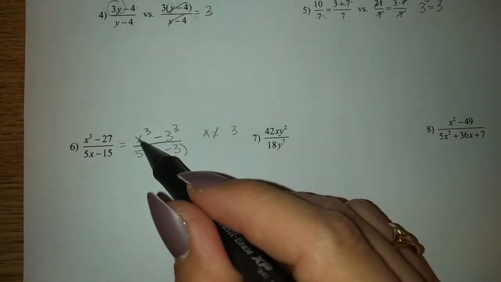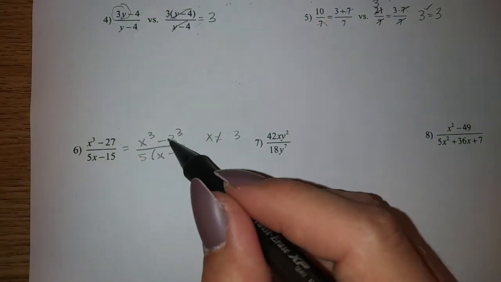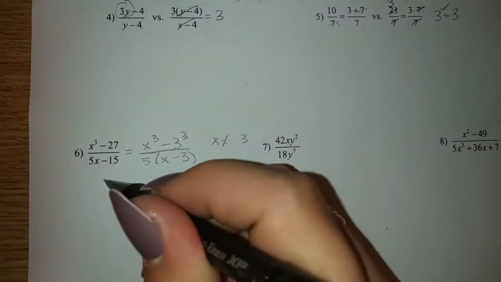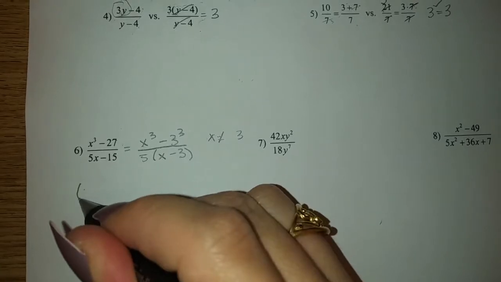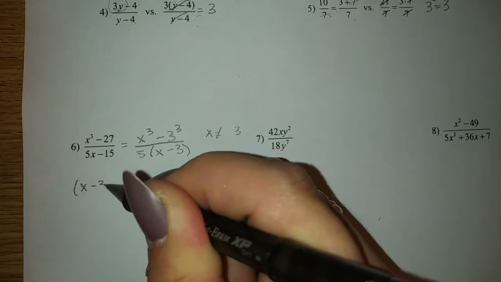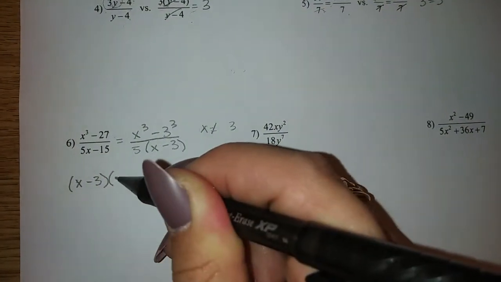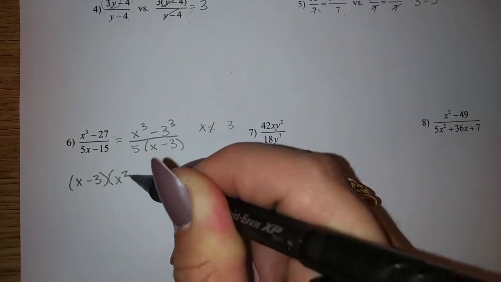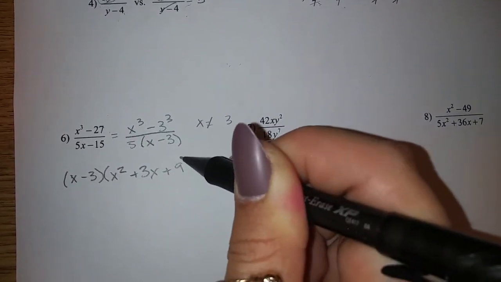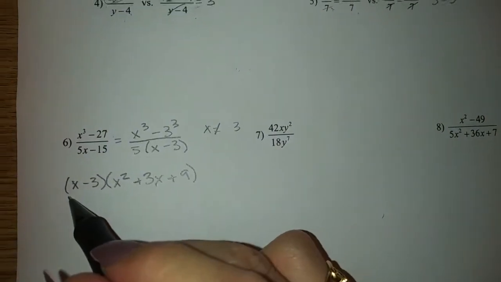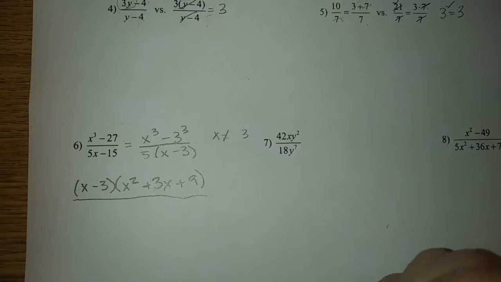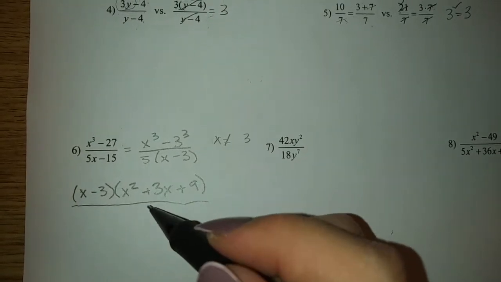So we're going to rewrite this. Remember, when we factor a difference of cubes, we cannot just say x minus 3 cubed. We have to say x minus 3 times x squared plus 3x plus 9. Again, I'm not going to review how to factor cubes because you can refer back to your Unit 2b notes.